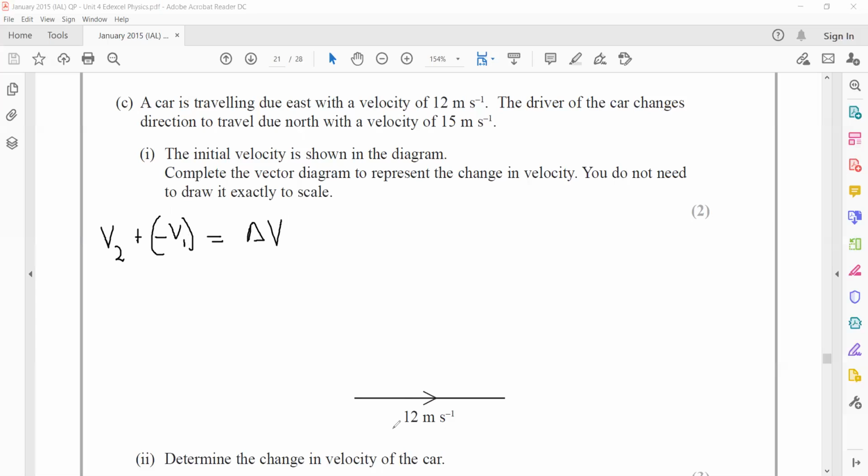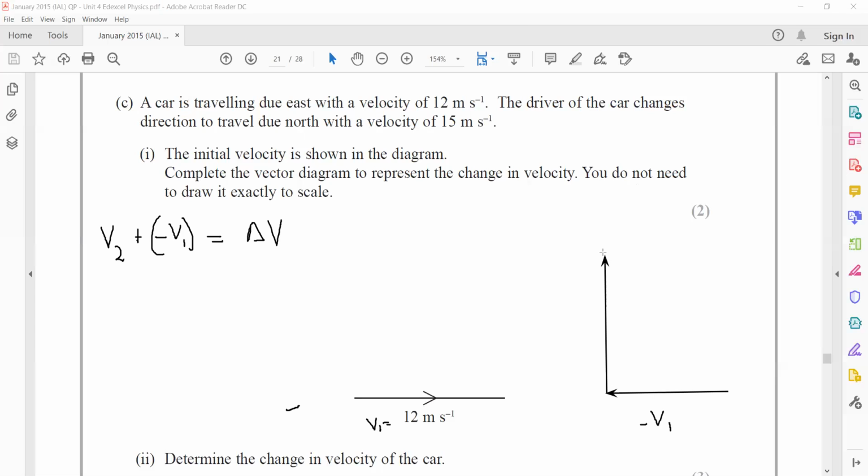If this is V1, what will minus V1 be? Minus V1 will be in the opposite direction. I'm drawing it separately to explain the idea, and then I will complete the figure as well. So this is minus V1, and then we draw V2.